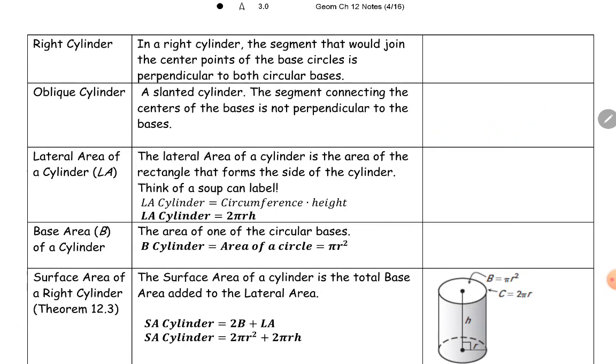The lateral area, since we have that curve going on, we would find the areas of the circle. Area of the circle is pi r squared, but this piece here is 2 pi r times height.